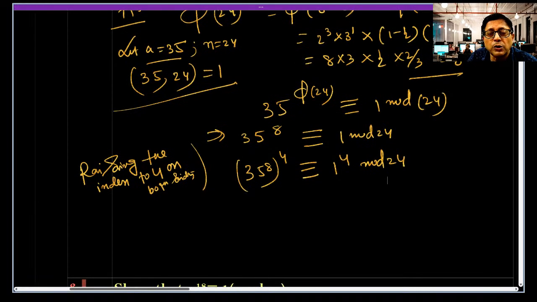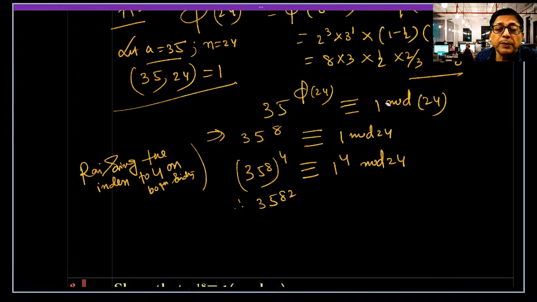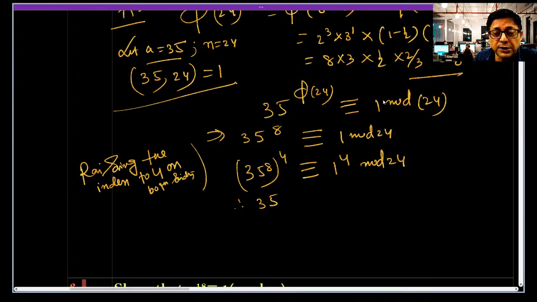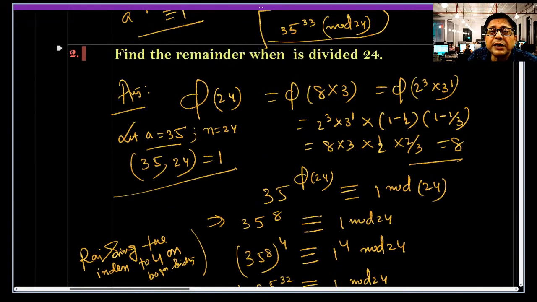One to the power 4 mod 24. Therefore, 35 to the power 8 into 4 is 32. This is congruent with 1 mod 24. But we need 35 to the power 33.